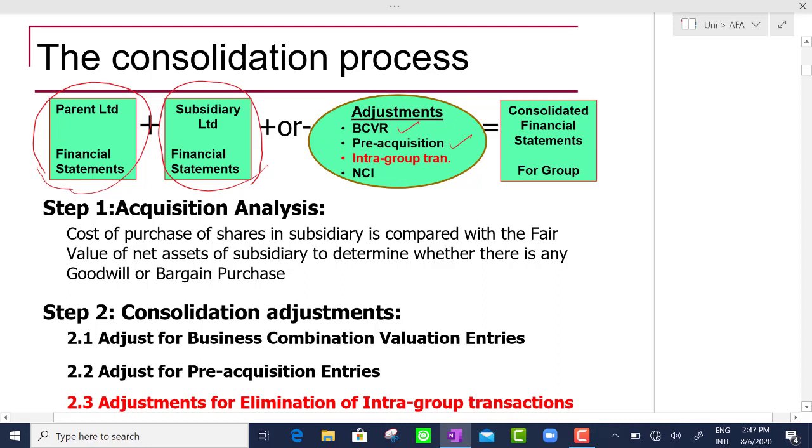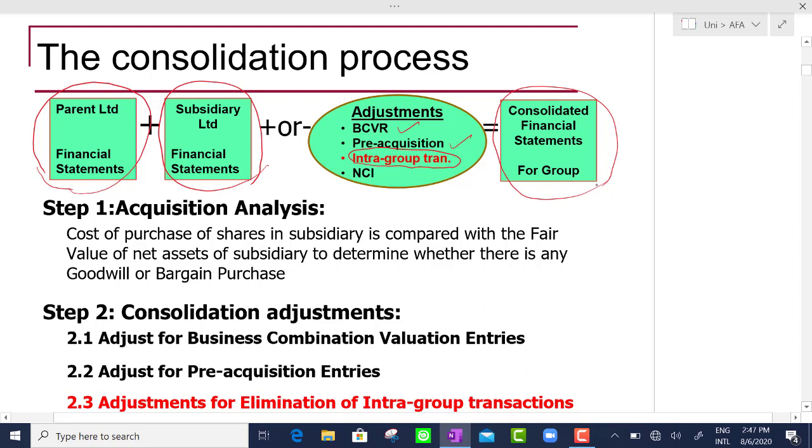In this lesson, we are going to learn intergroup transactions. So this is the focus for this lesson. You can guess that our next lesson will be on non-controlling interest, NCI, right? So after we make these adjustments, we get consolidated financial statements for the group.